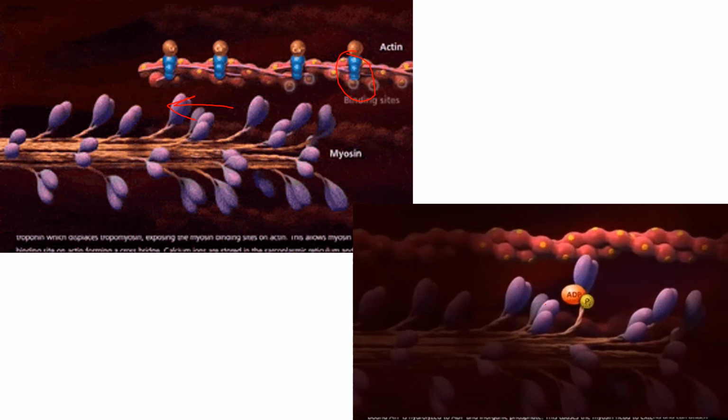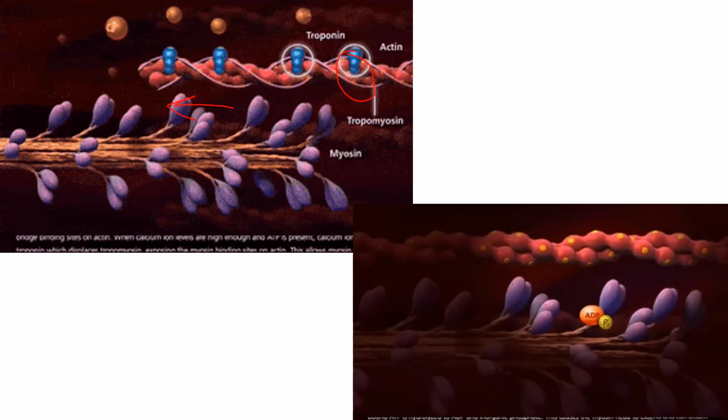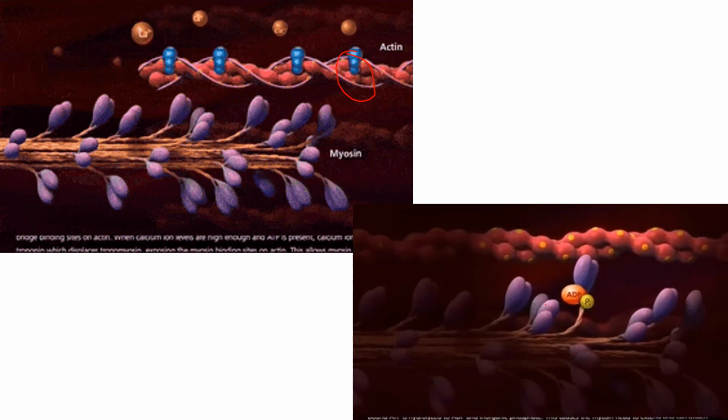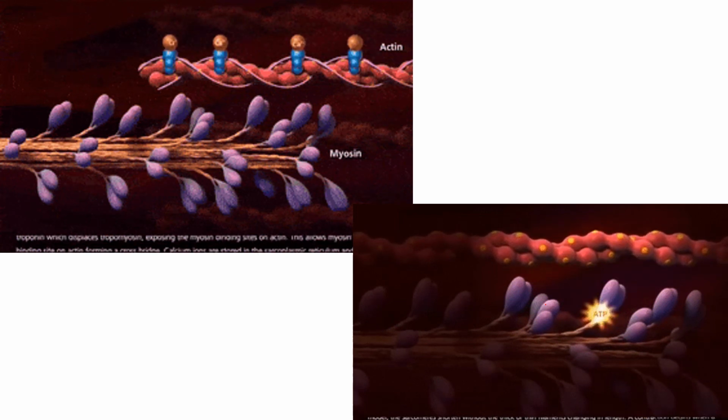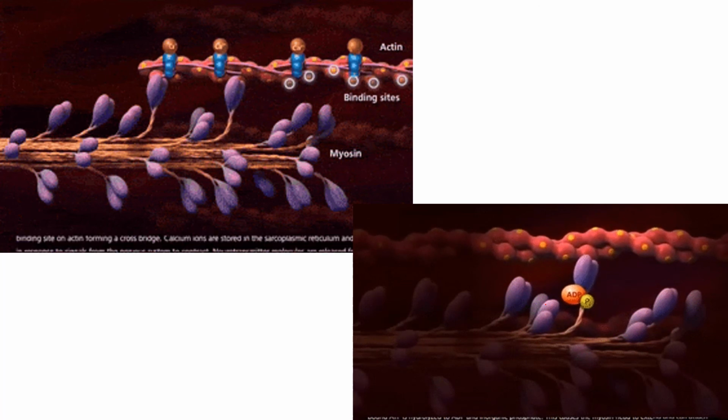So during this, the ADP and the inorganic phosphate are going to detach from the myosin head, and they leave that site open for another ATP to come bind.